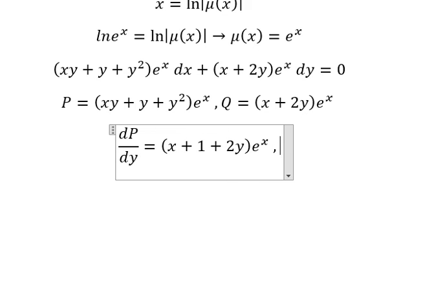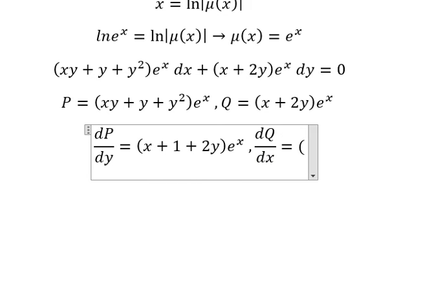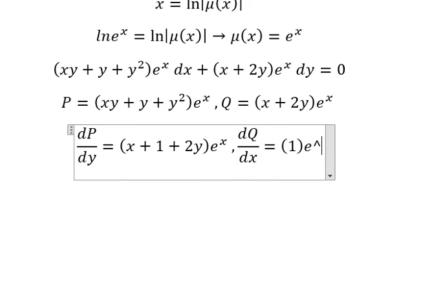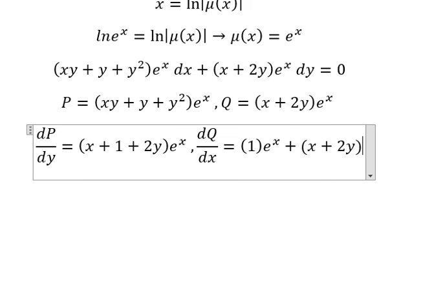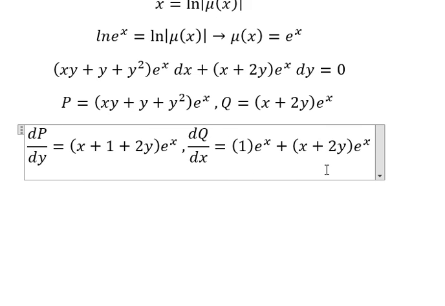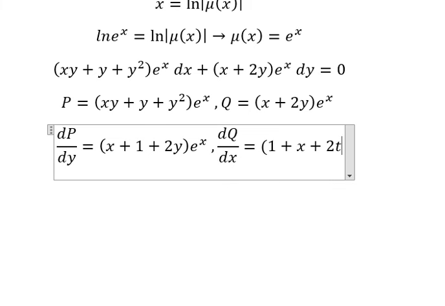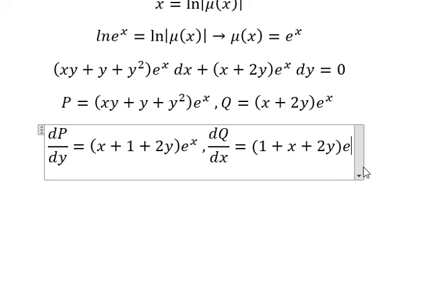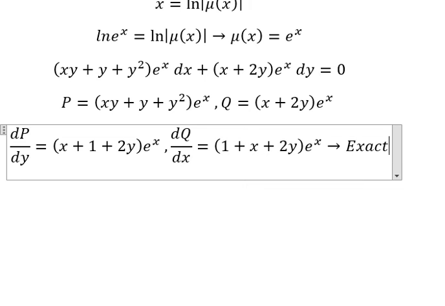Now about the next one, we have like this. And this one, if we do factorization, that should be like this. And we see that this one is equal to this one. So that is exact.